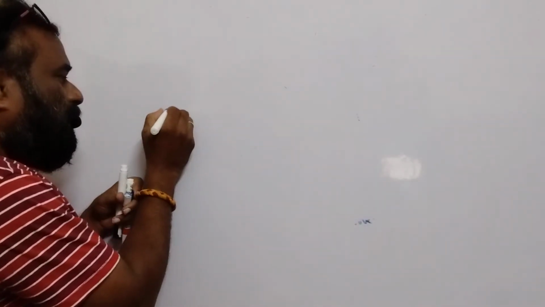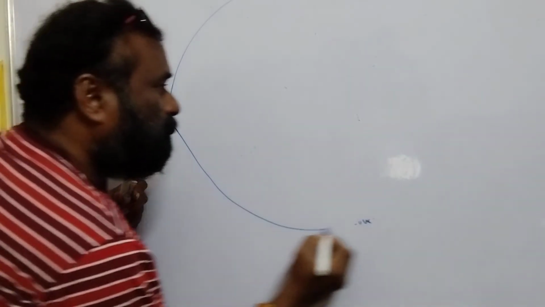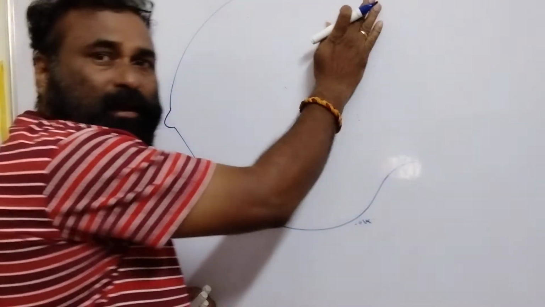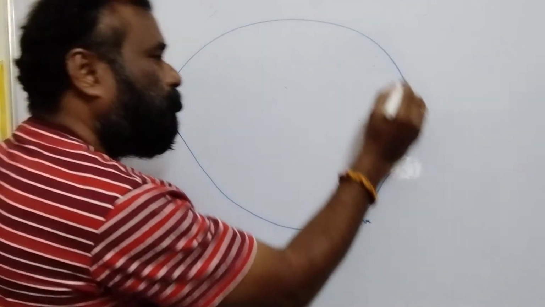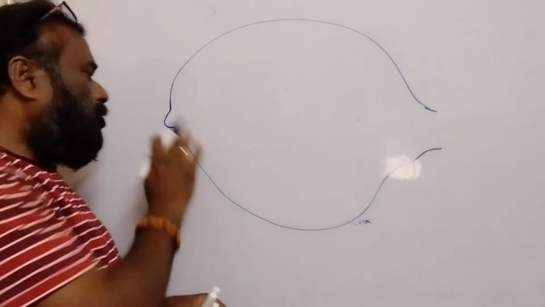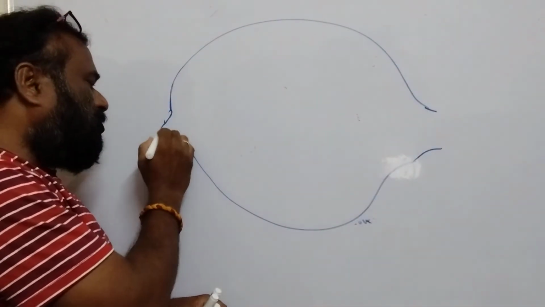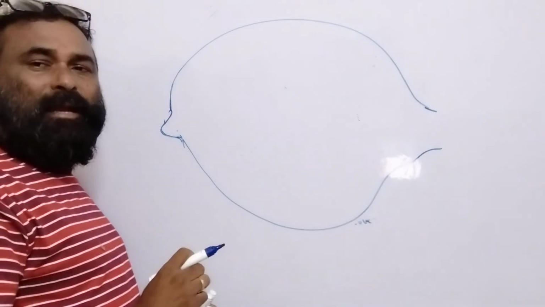I draw the eyeball somewhat bigger. Before saying about the layers of cells in the retina, I want to say about one or two important areas.